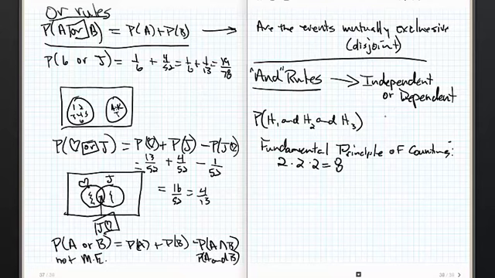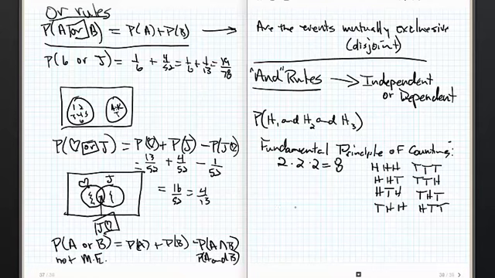And we could actually list them all. I mean, check it out. I could go head, head, head. I could go head, head, tail, head, tail, head, tail, head, head, tail, tail, tail, tail, tail, head, tail, head, tail, and head, tail, tail. Total of 8, just like I promised.